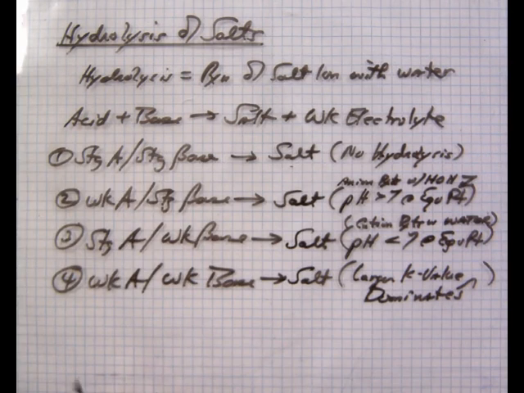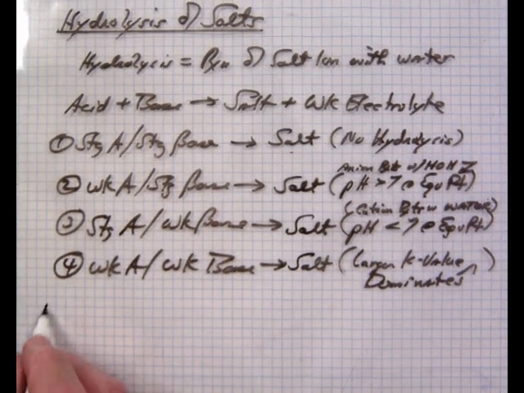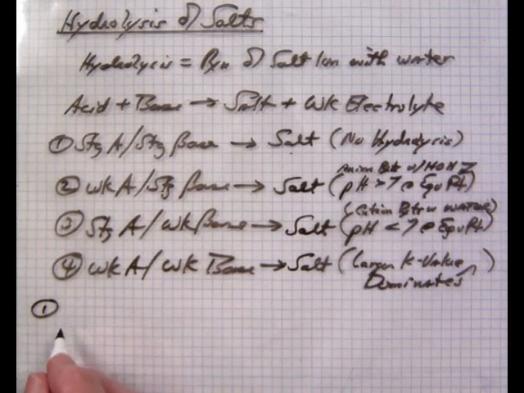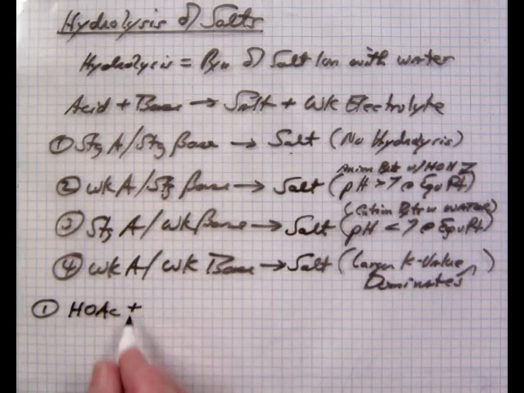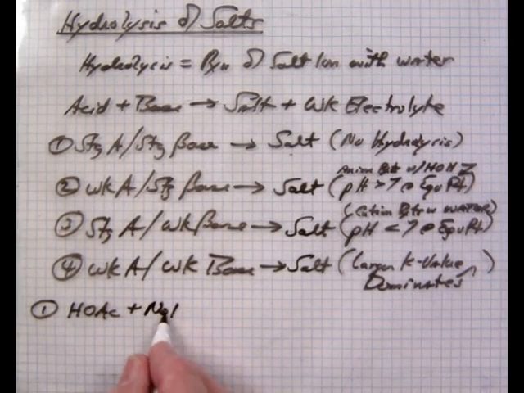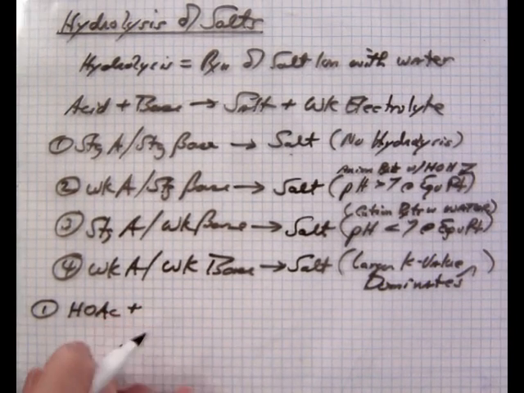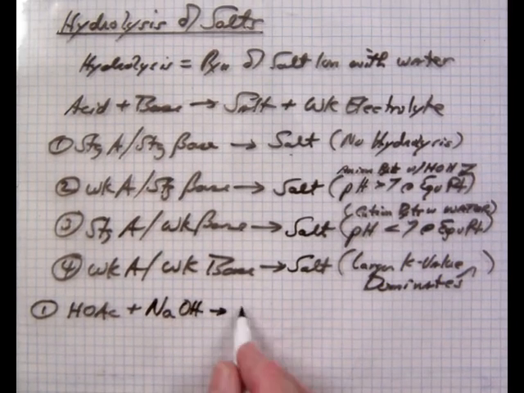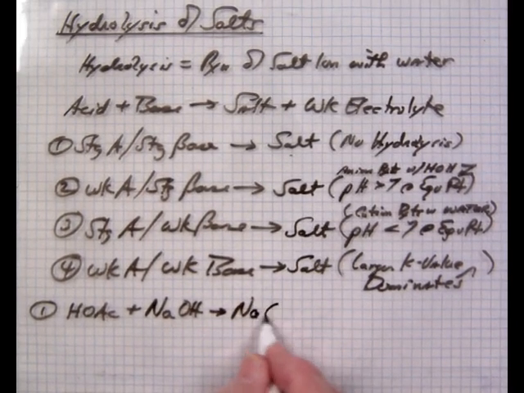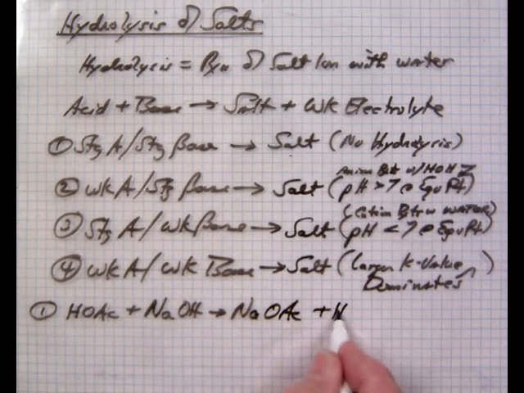Now, in solving problems dealing with this, you have to work with the hydrolysis reaction that actually occurs. I want to emphasize this. Say we have a weak acid, HOAc, reacting with a strong base, NaOH, and so we have NaOAc generated plus H2O.